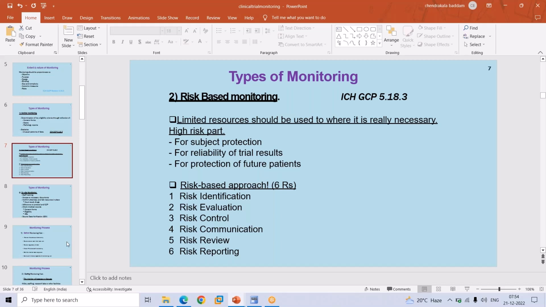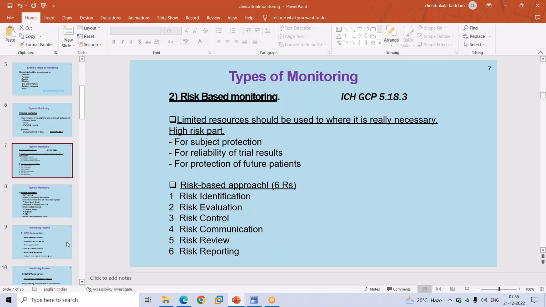So this is for the subject protection, reliability of the trial results, and protection of the future patients. The risk-based approach will be achieved through six points. First, identify the risk, evaluate the risk, then based on the risk, we'll establish risk control methods and risk minimization plans.